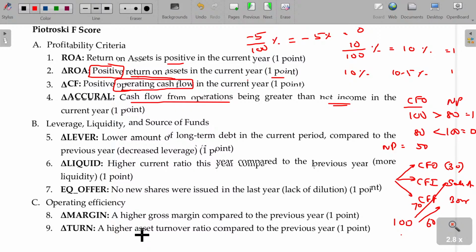This company has net profit, but cash from operations is negative 30. What does it mean? In your P&L account, your net profit is 50. Clear? Now, the reverse of depreciation, what is it? Revaluation profit. Revaluation profit being almost 80 rupees.